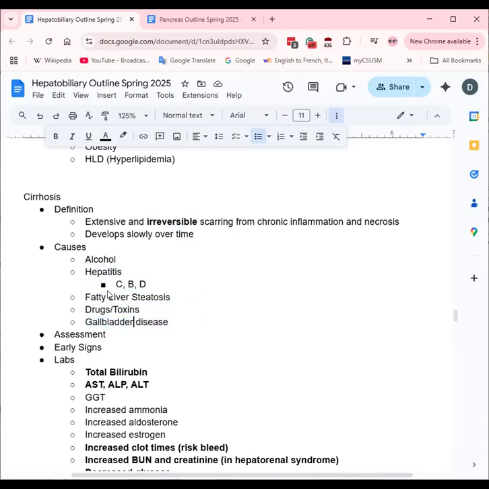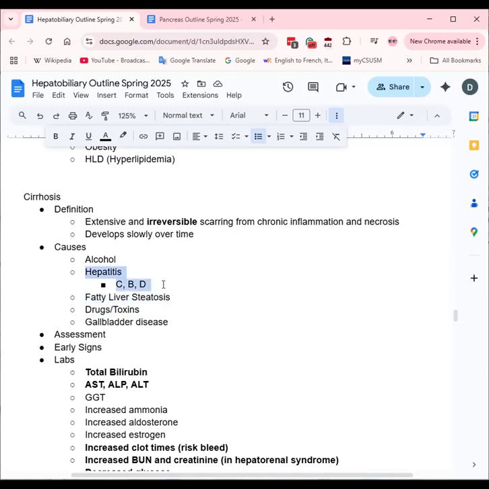Because your liver metabolizes alcohol, too much alcohol over time causes damage. It metabolizes drugs and toxins. So if you keep abusing Tylenol or other medications that cause the liver to metabolize them over time, damage. Fatty liver, like we talked about, can cause long-term damage.